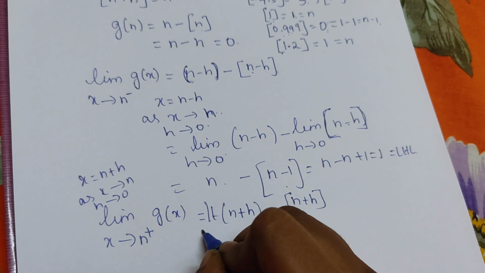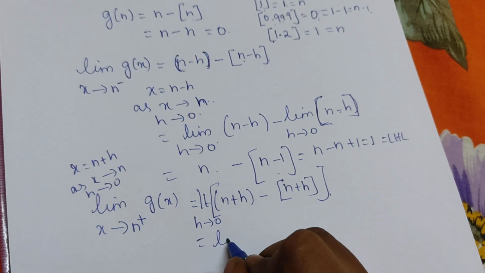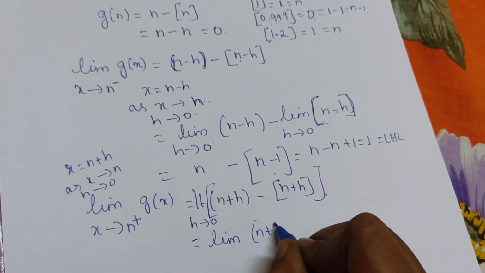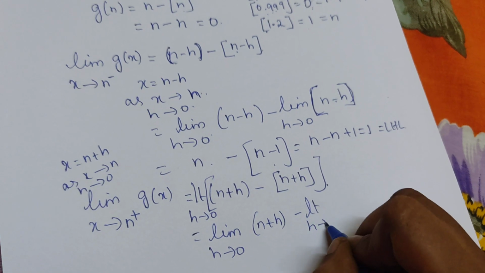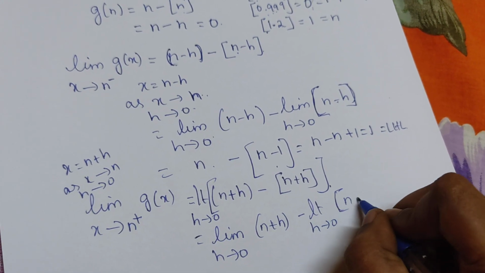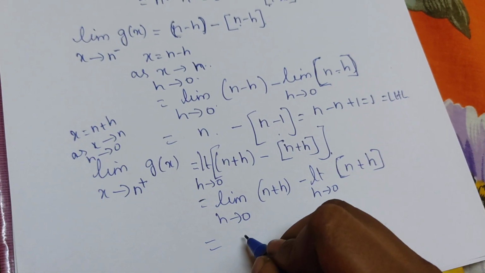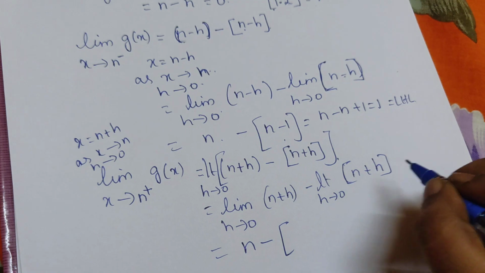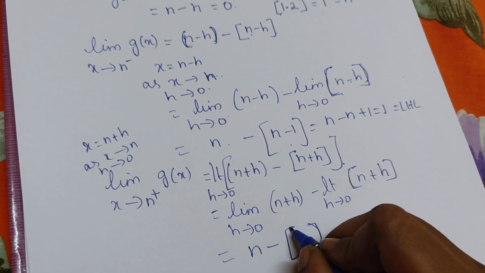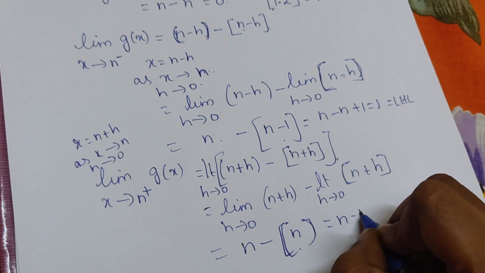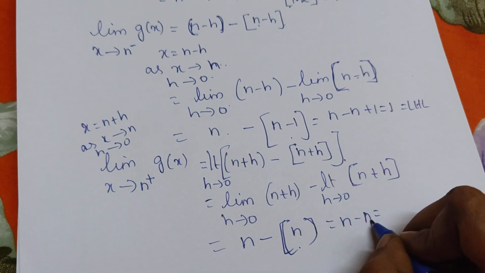So the limit as h tends to 0 of n plus h, minus the limit as h tends to 0 of the box of n plus h. Now this expression will be n, and minus, according to the definition, n. So n minus n, which is 0.